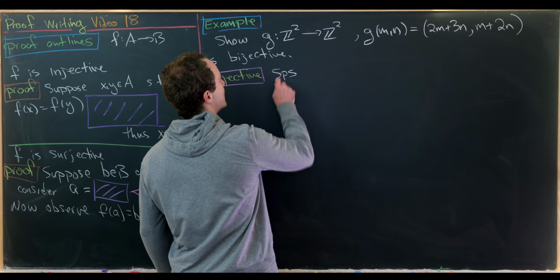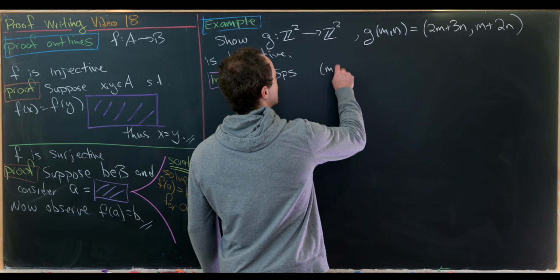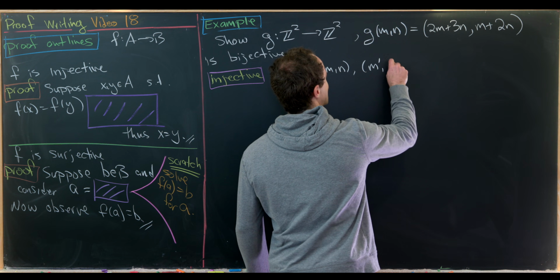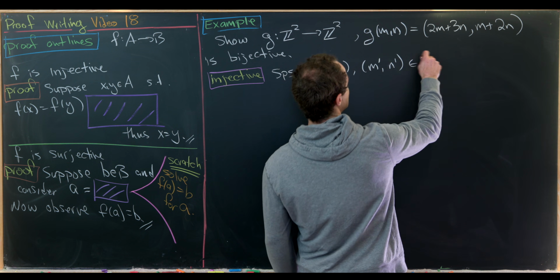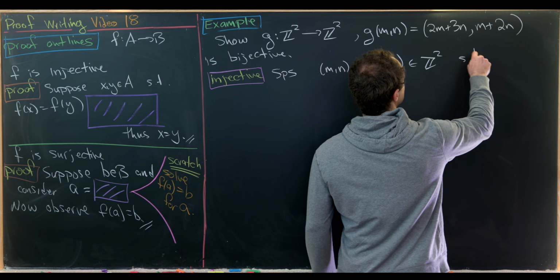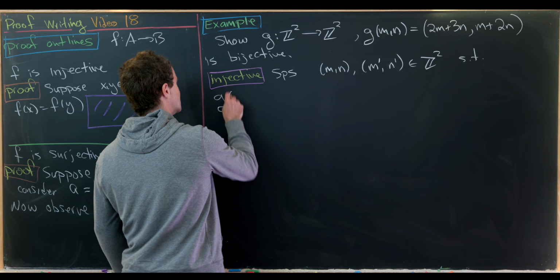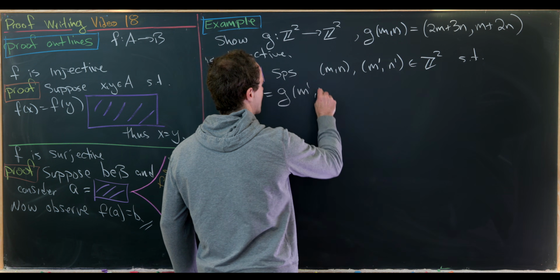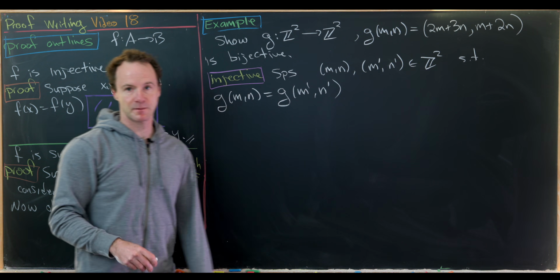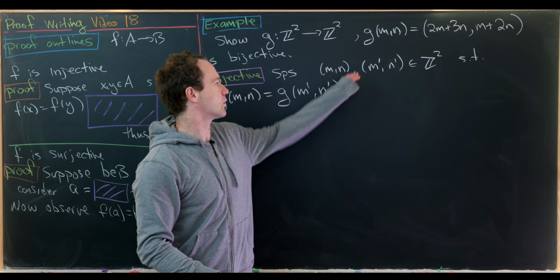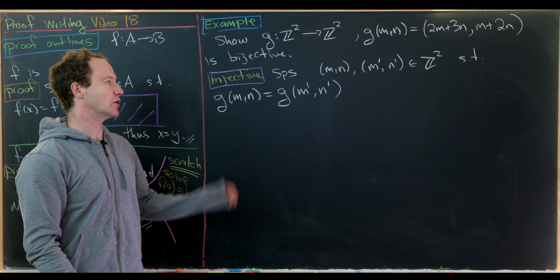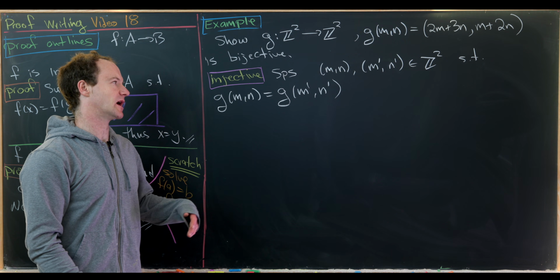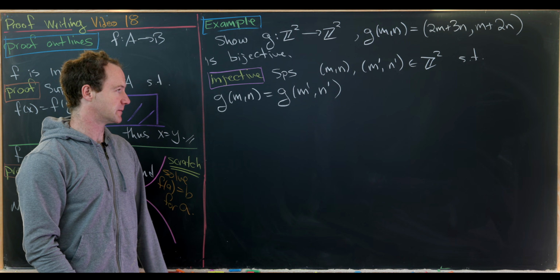So let's suppose that we have (m, n) and maybe what I'll call (m prime, n prime) in Z^2 such that g of (m, n) equals g of (m prime, n prime). And what we want is for these two ordered pairs to be equal, which means both of their entries are equal to each other. In other words, m is m prime and n is n prime.